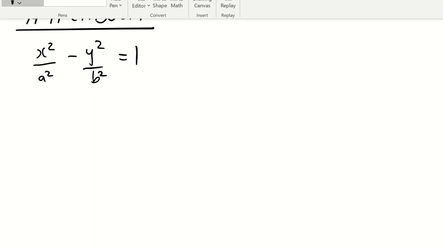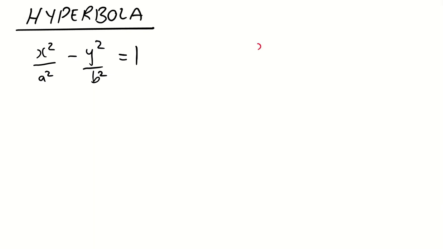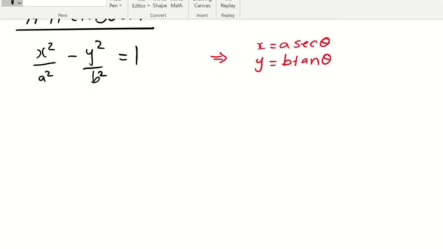In parametric, I'm going to get that x is equal to a sec theta and y is equal to b tan theta. So again, remember those. They are the parametric equations for a hyperbola. Alright, tangents and normals.